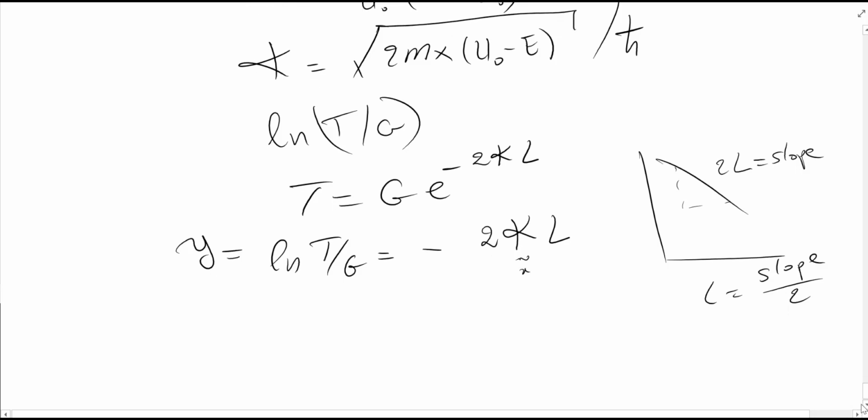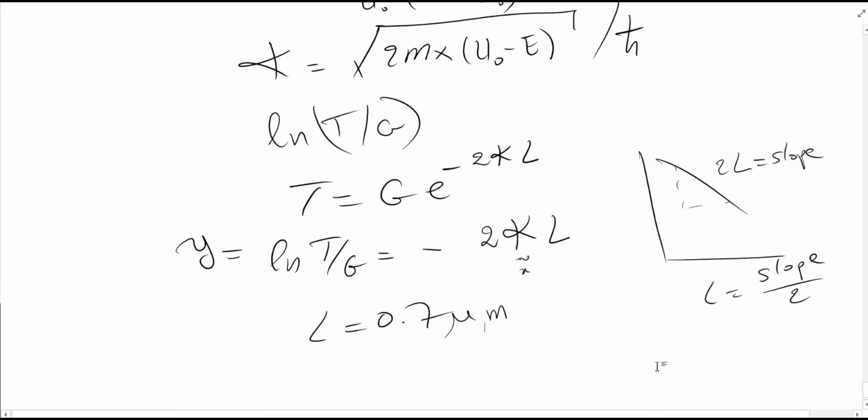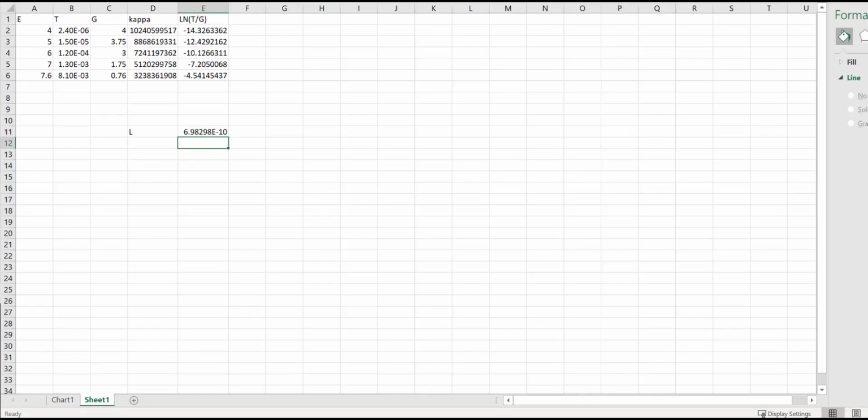So L is 0.698 nanometer, or 6.98 times 10 to the negative 10 meters.